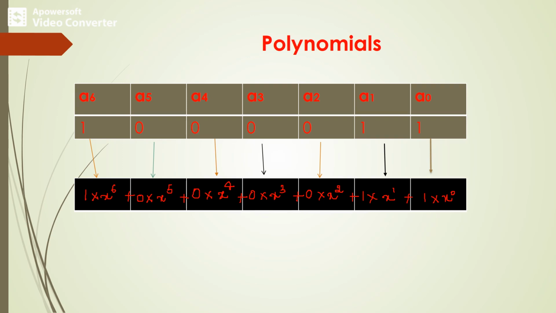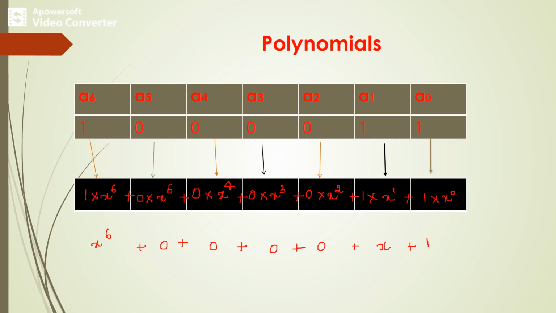On simplification of this pattern, we'll get 1 plus 0 plus 0 plus 0 plus 0, and here you will get x power 6. And this is 1 into x, so that means x.